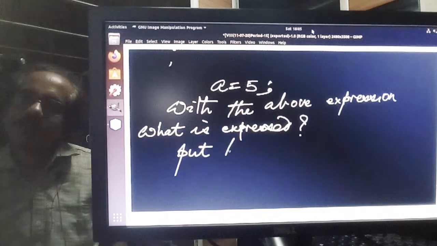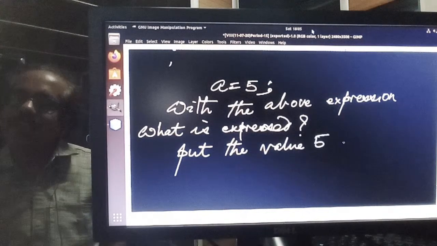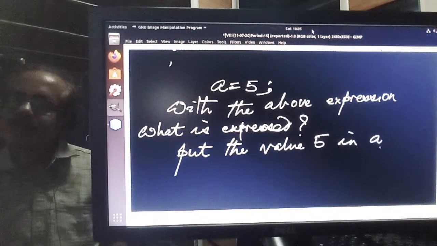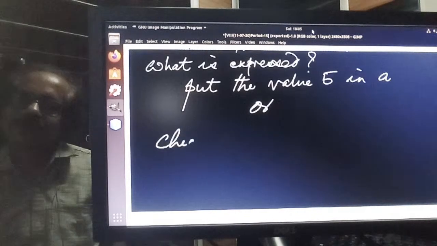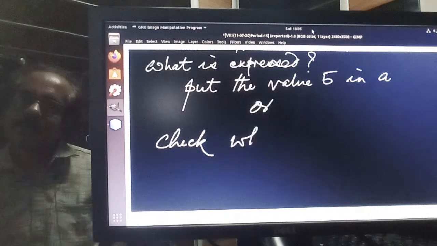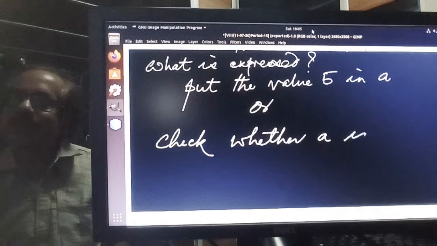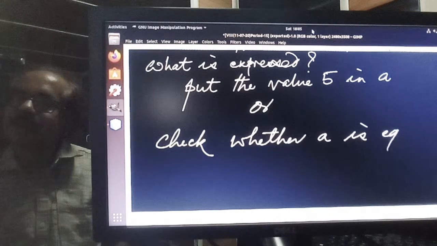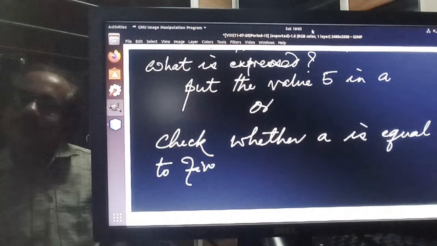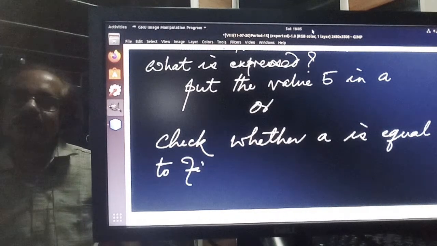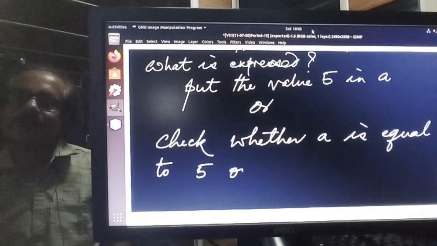Put the value 5 in a, or check whether a is equal to 5 or not.